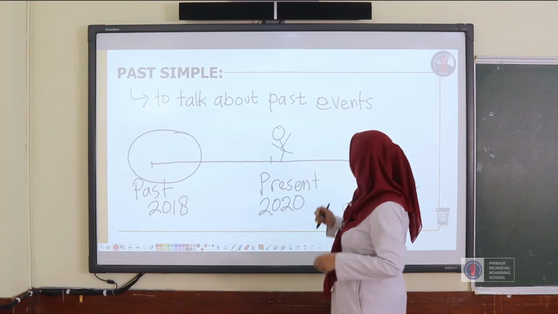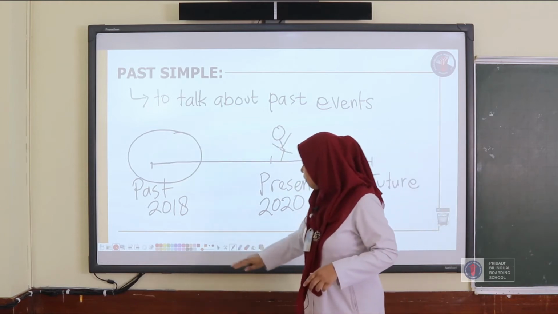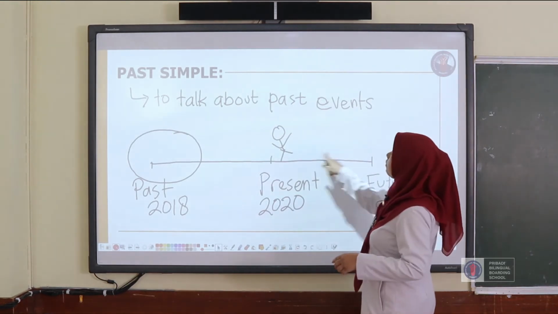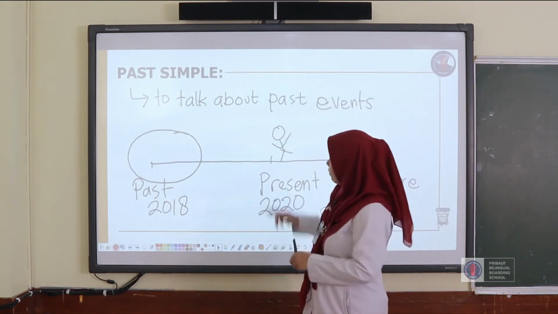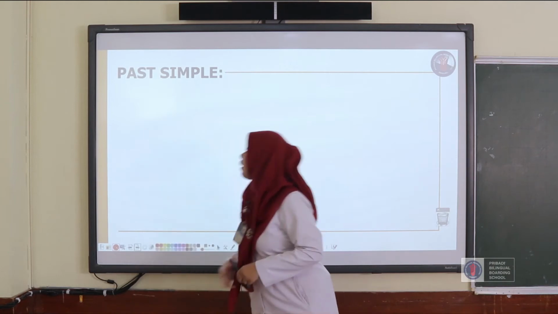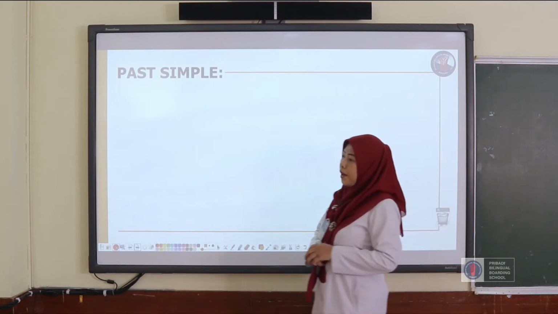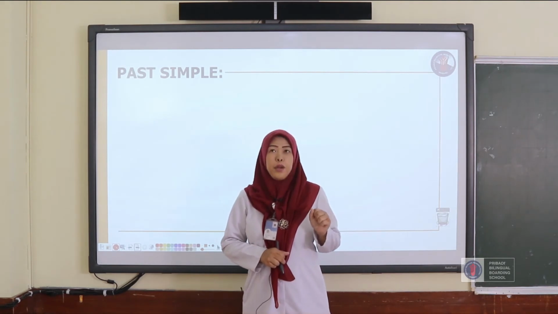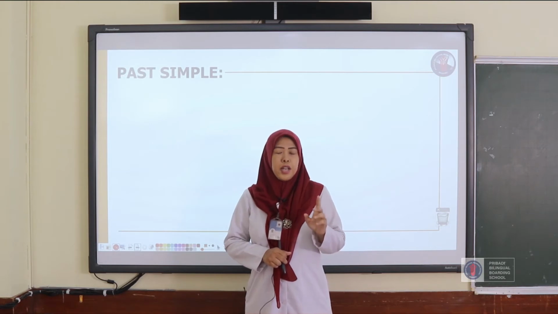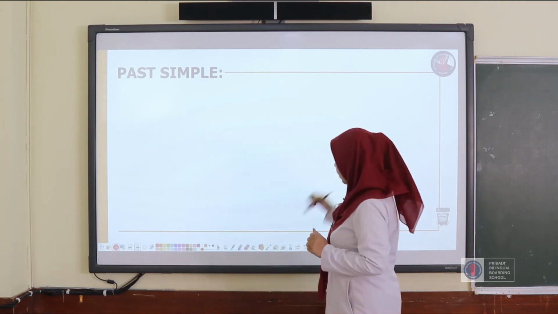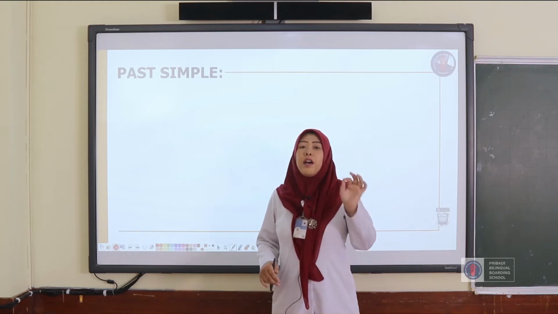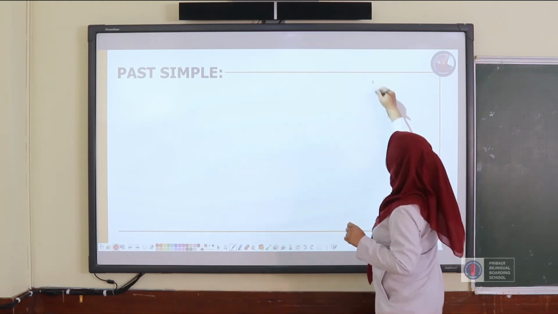I'm going to give you the explanation again. Last year, when you were grade 3, we discussed Verb 1 and Verb 2. With past simple, we're going to use Verb 2 a lot.